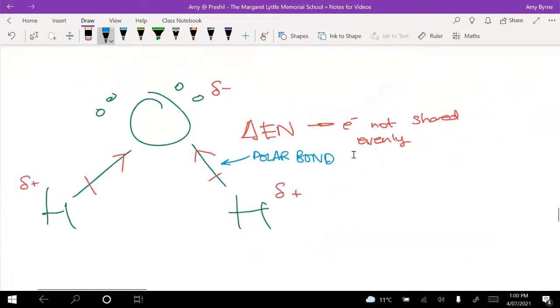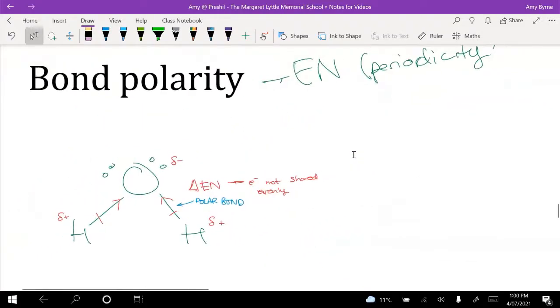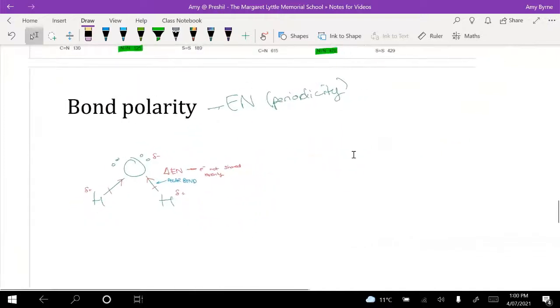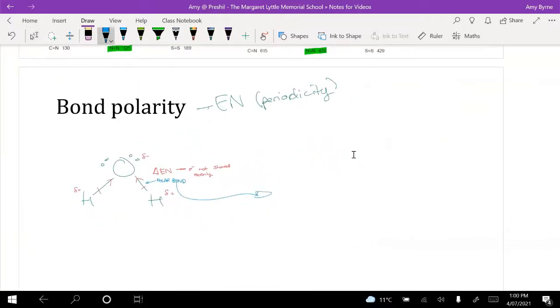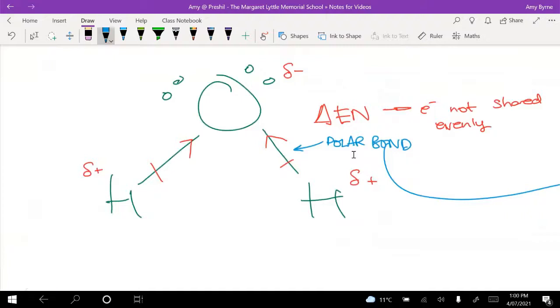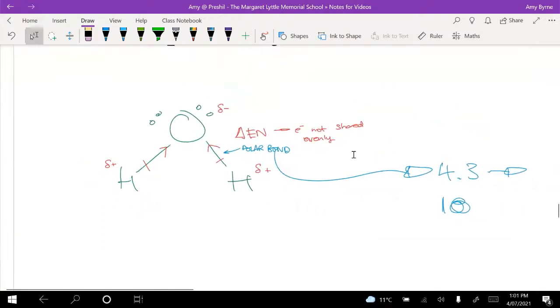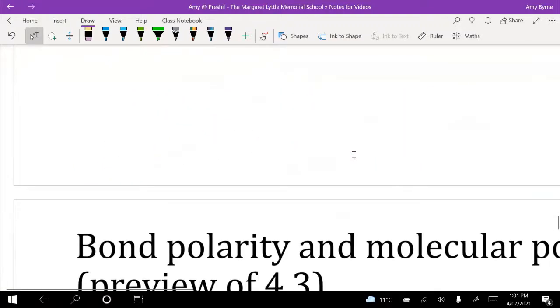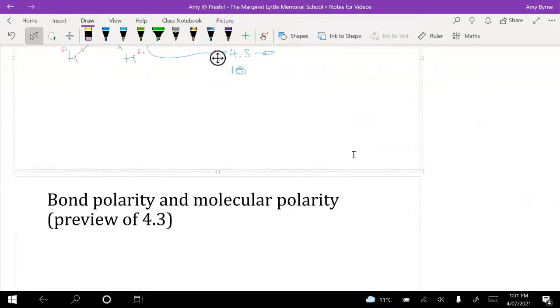Now, the distribution of polar bonds in order to make a polar molecule, this is something that becomes super important in 4.3 and onwards, and really comes up when we start looking at organic chemistry in topic 10. So that difference in electronegativity means that my electrons are not distributed evenly, which means that I end up with a polar bond, which means I can end up with polar molecules.